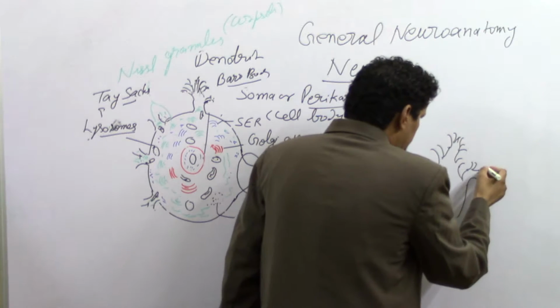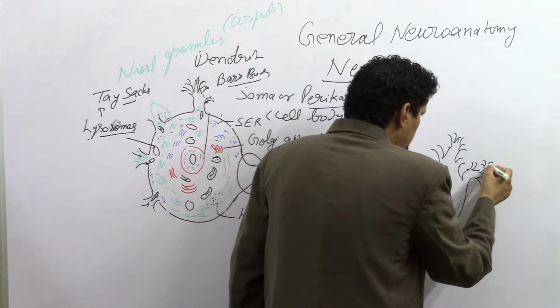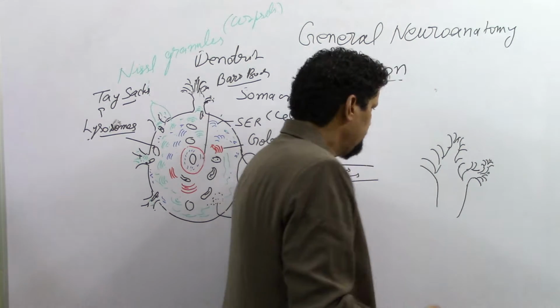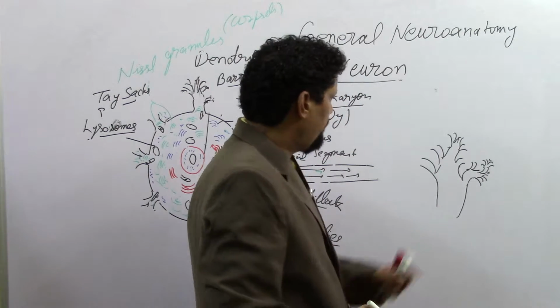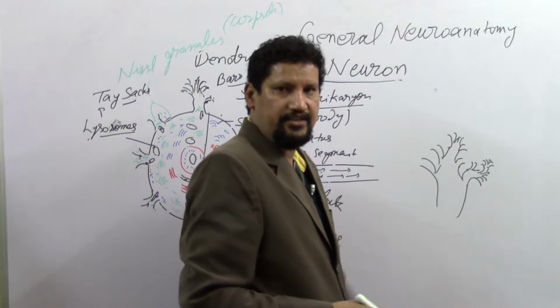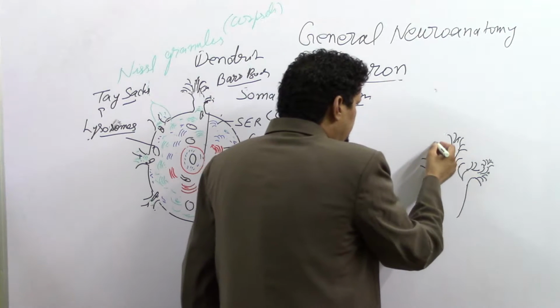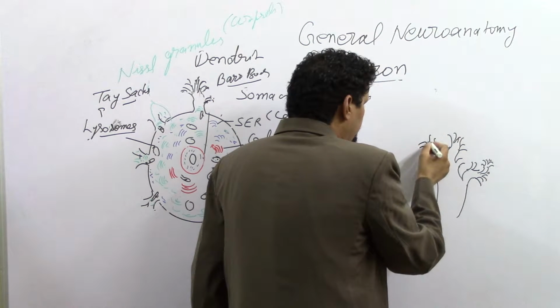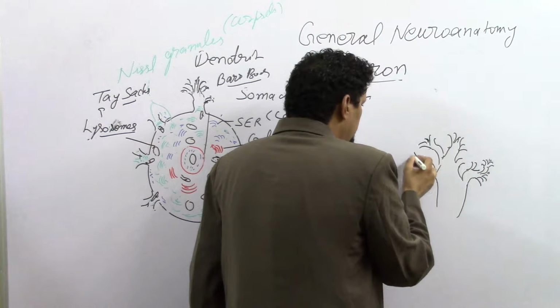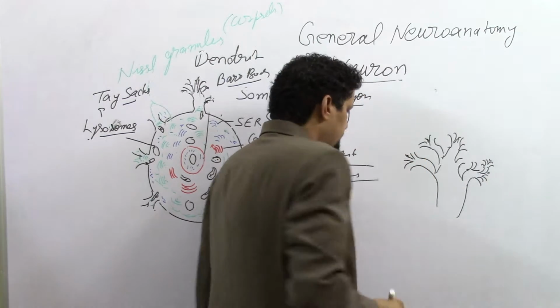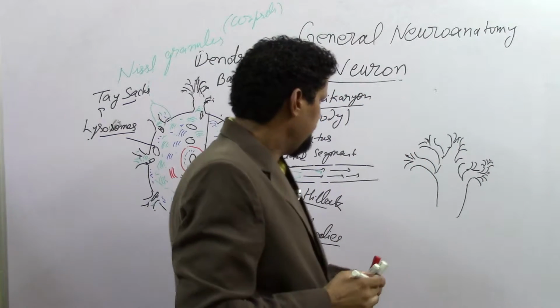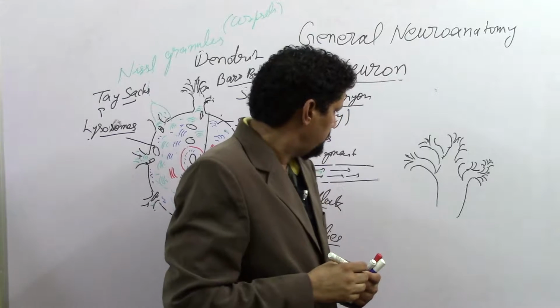And these rebranches will also rebranch and form a tree-like structure, and it is involved in formation of synapse. A synapse is formed between two neurons.